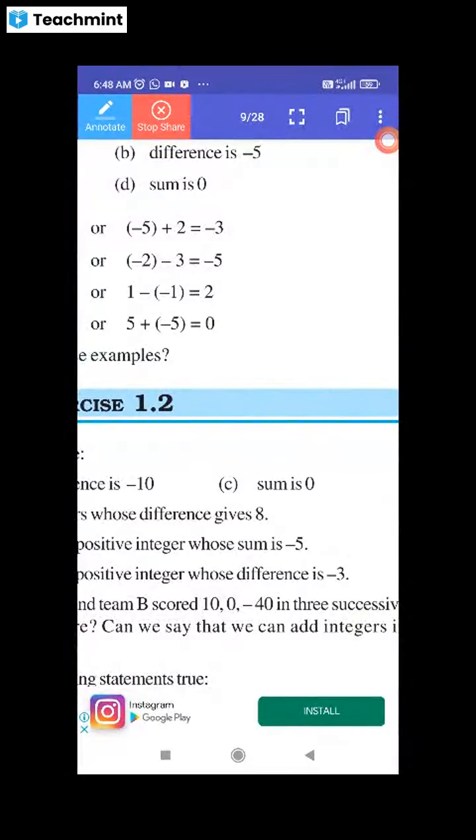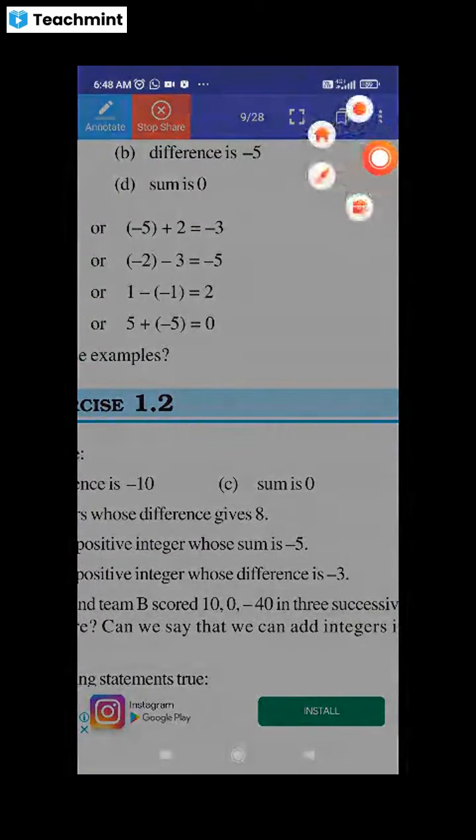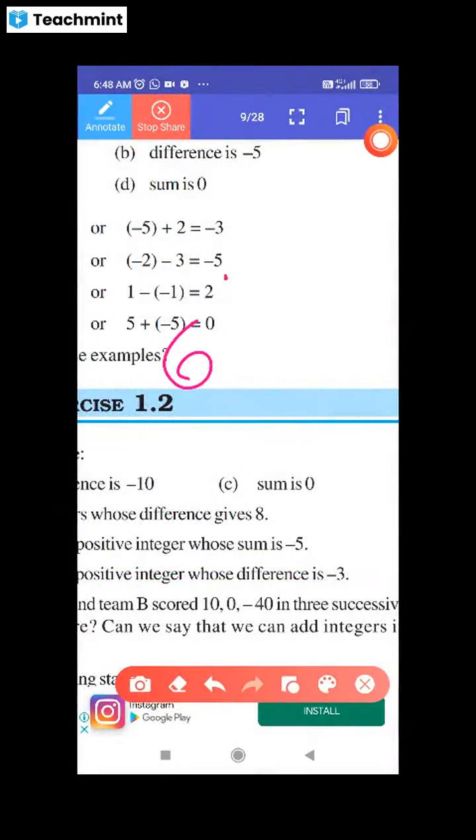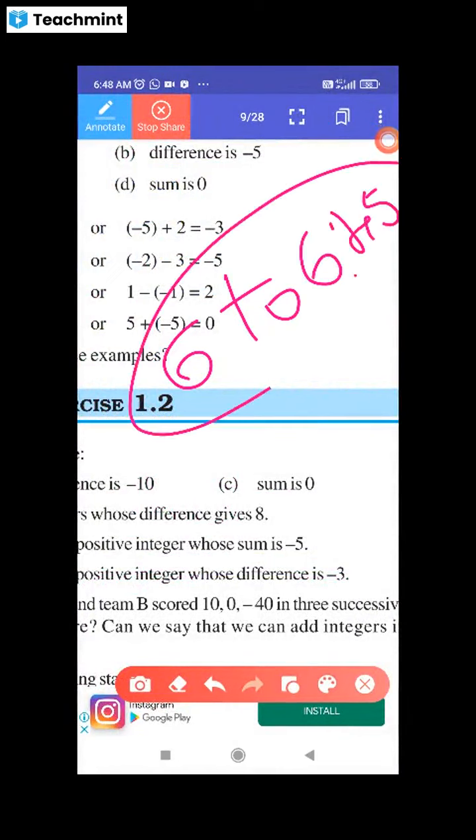It's okay. So my question is, whether evening 6 to 6:45 is okay or not? Yuvraj is suffering from evening fever.